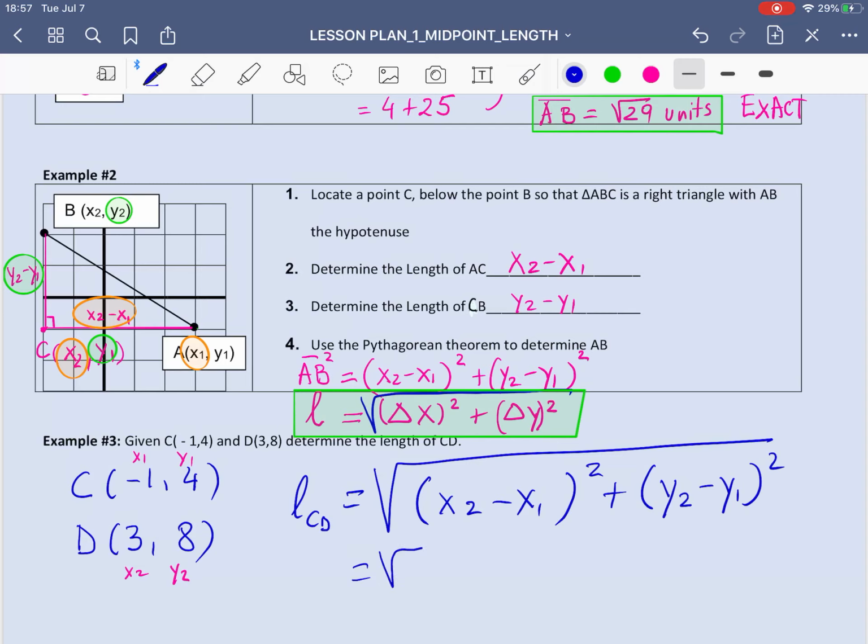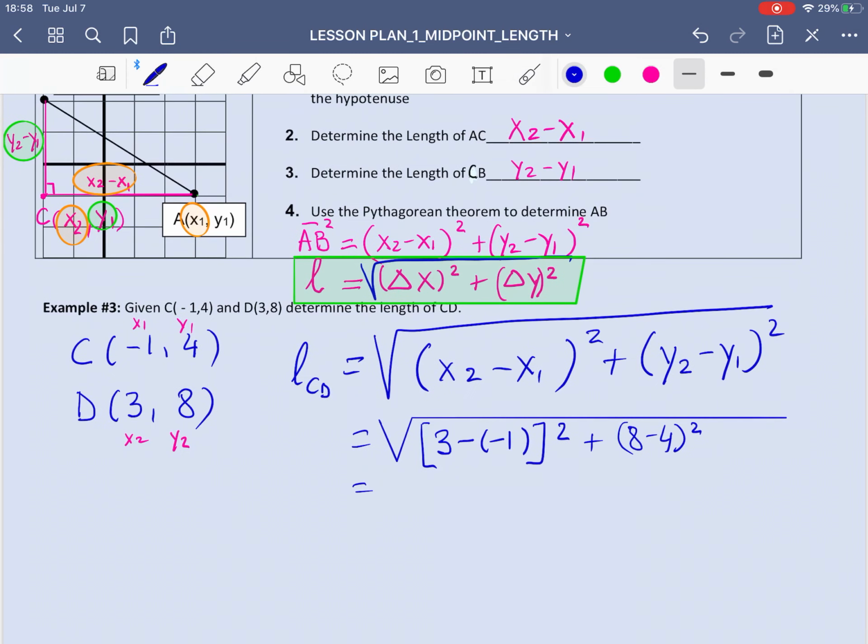So from here, it becomes a matter of simply substituting, and I'm going to draw the perfect square root here. And we are going to write here 3 minus -1. That would be the delta x. Because I have a set of brackets, I'll use round brackets squared, plus y2 minus y1, so that makes it 8 minus 4 squared.